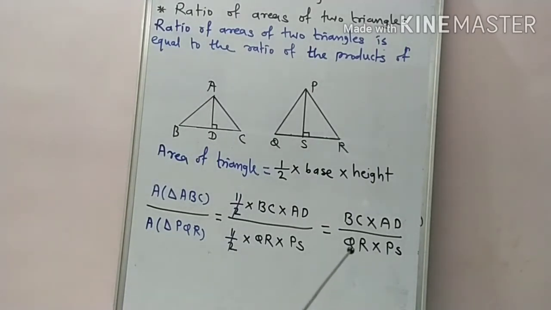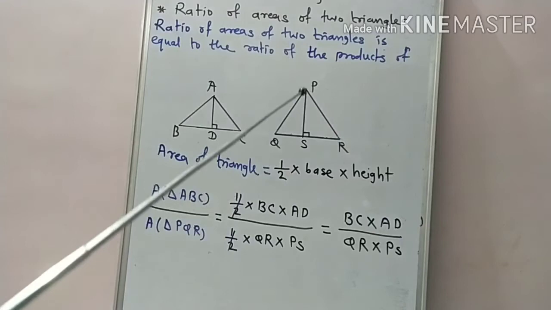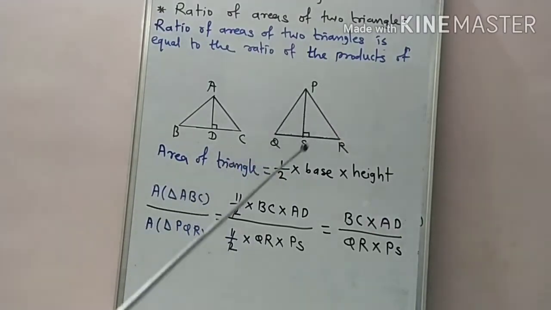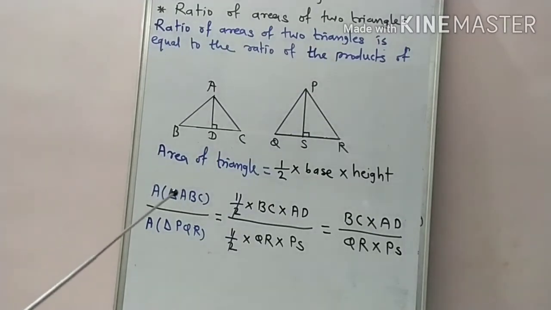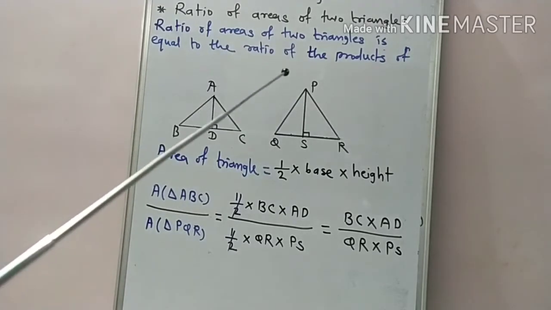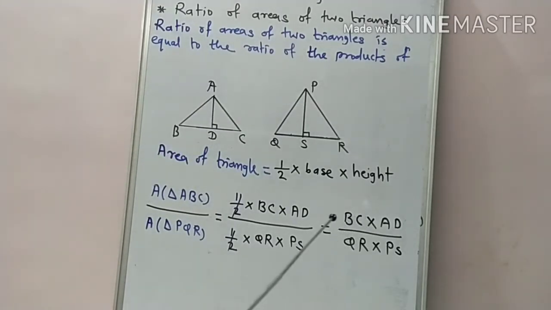In the denominator, QR and PS: for triangle PQR, QR is the base and PS is the corresponding height. So in a statement, the ratio of areas of any two triangles is equal to the ratio of the product of their bases and corresponding heights.